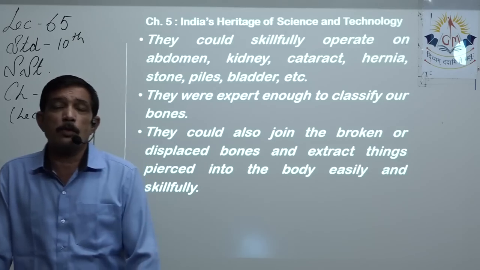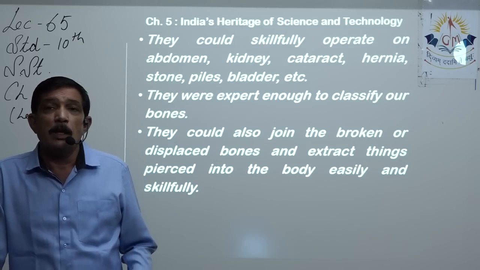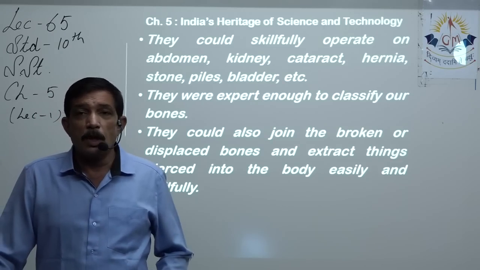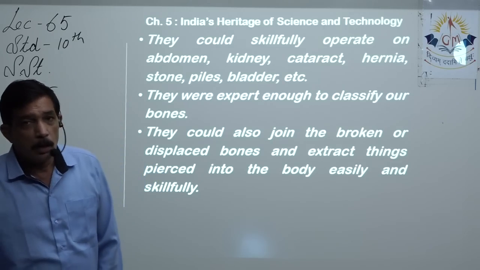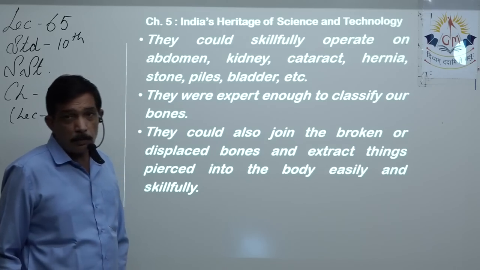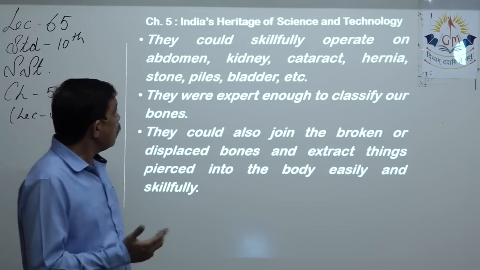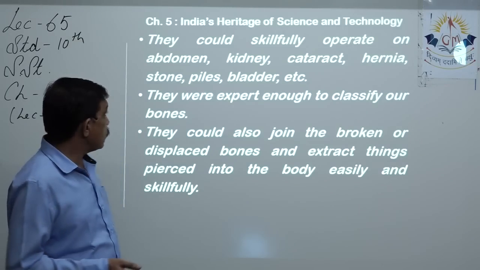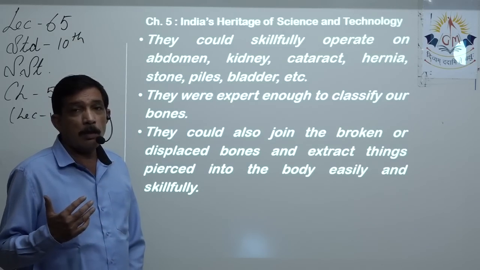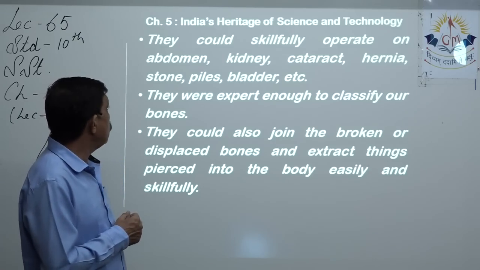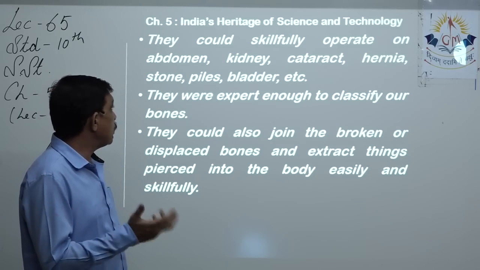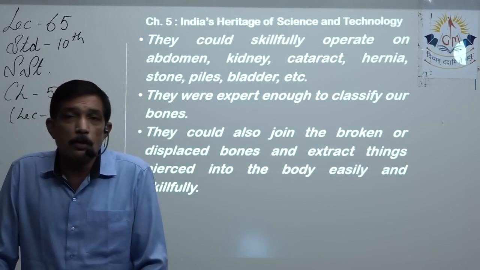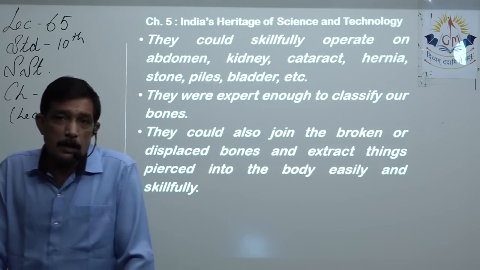To remove the stone which is developing, you have to do surgery and take that stone out, because it's quite painful. Without surgery in those days it was quite painful. So they could skillfully operate, that means they could do the surgery and remove the pain of the people for abdomen diseases, kidney diseases, cataract, hernia, stone, piles, bladder, etc.